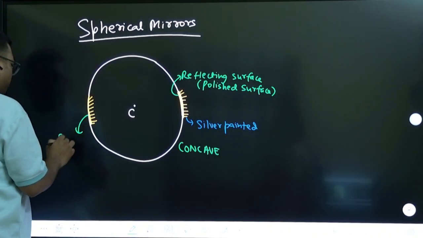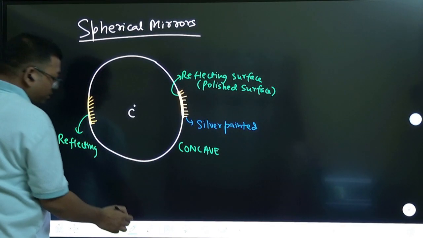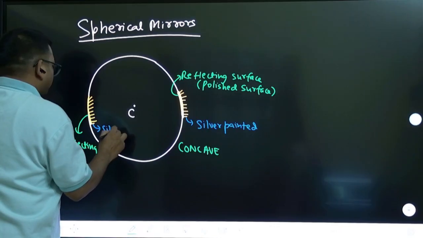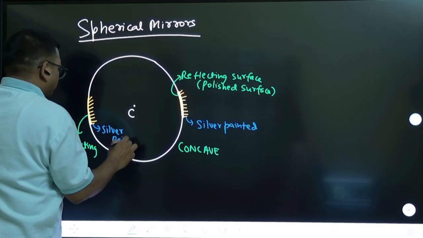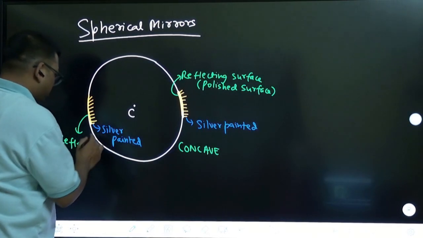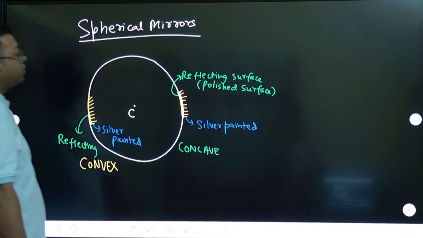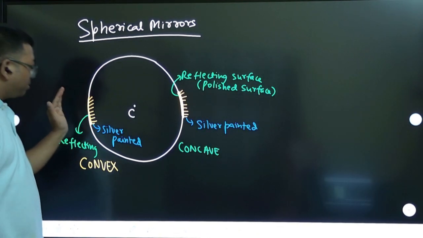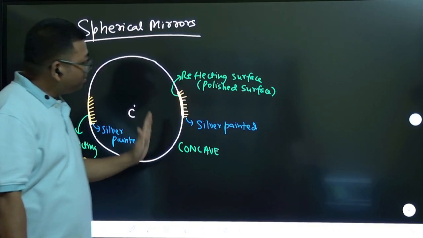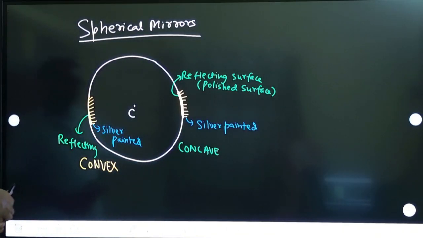The inside surface has become silver painted. This is called convex. So a convex mirror means the outer surface is reflecting, and concave means the inner surface is reflecting.